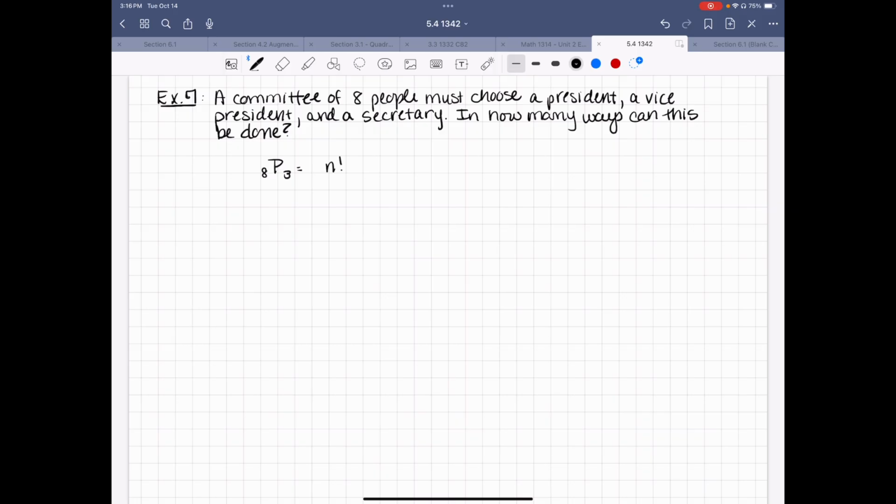I have n factorial over n minus r factorial, which gives me 8 factorial over 8 minus 3 factorial, which does give me 8 factorial over 5 factorial. Okay, then I'm going to go ahead and write this out: 8 times 7 times 6 times 5 times 4 times 3 times 2 times 1.